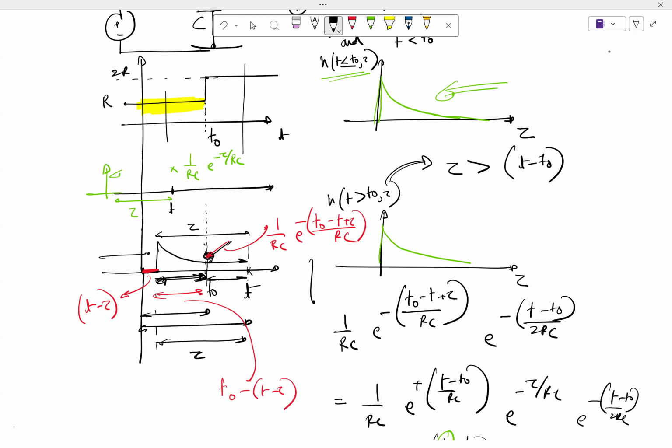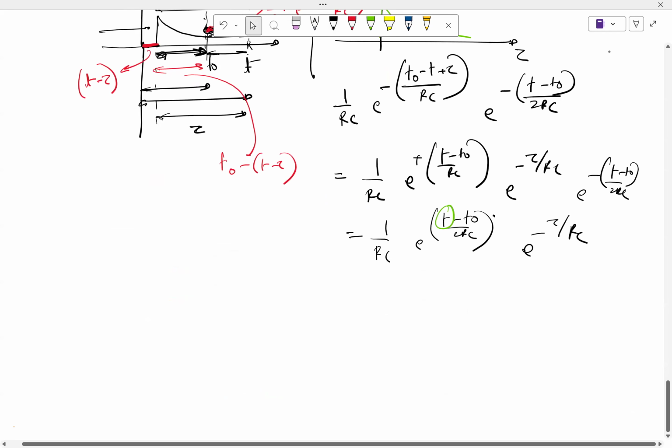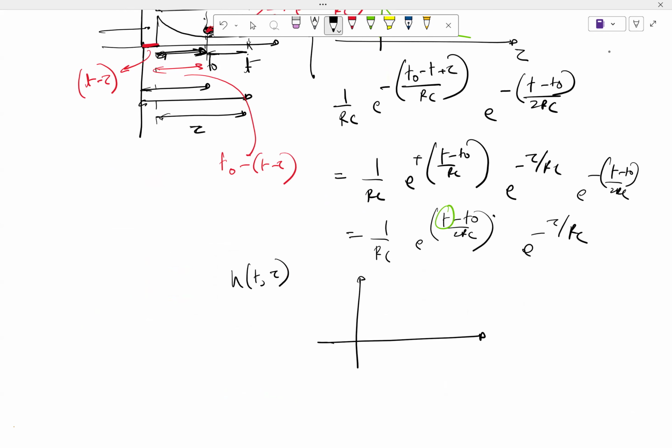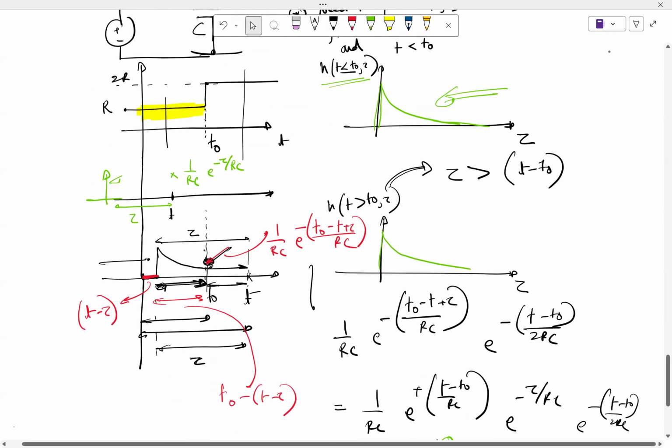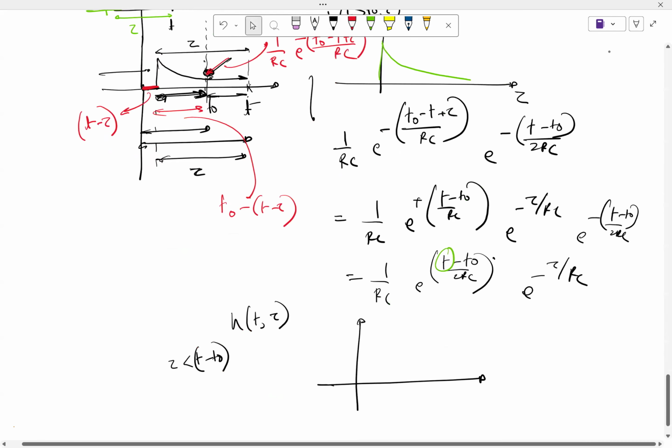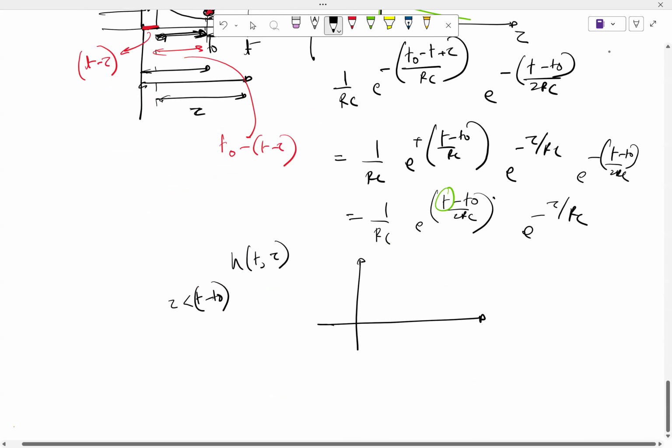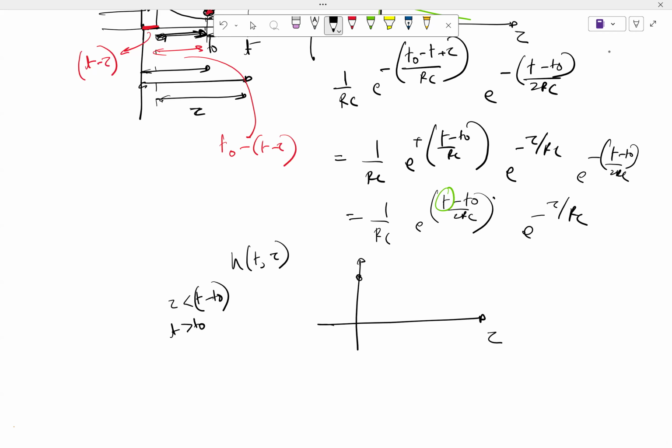For that case, h of t comma tau, where tau is less than t minus t naught but the condition t greater than t naught remains the same, is simple. This is 1 over 2RC e power minus tau by 2RC.